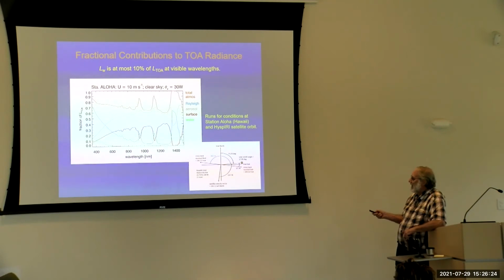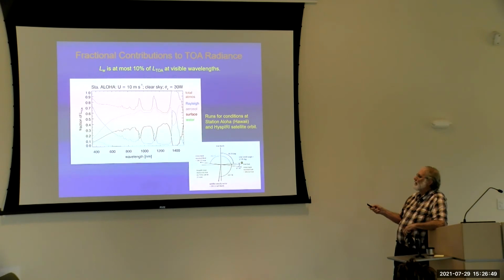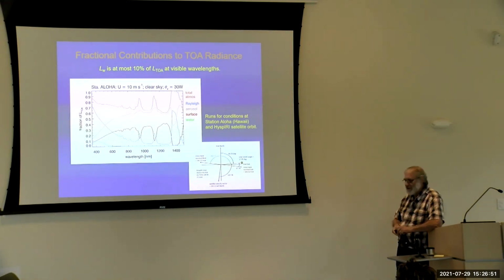Anyway, they gave me all the orbital parameters for this proposed HySpIRI instrument, where it's going to go, speeds and sun angles and all of this kind of stuff. So I feed all of this into MODTRAN so it gets all the right atmospheric stuff. And here's an example for Station ALOHA, which is near Hawaii, 10 meter per second wind, clear sky, viewing direction of 30 degrees west.